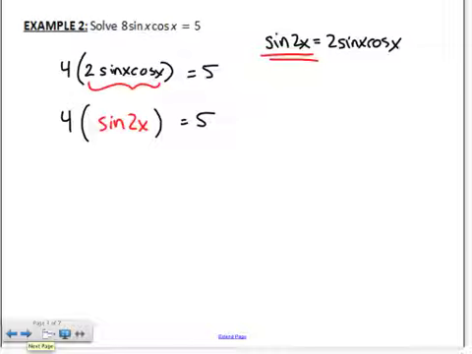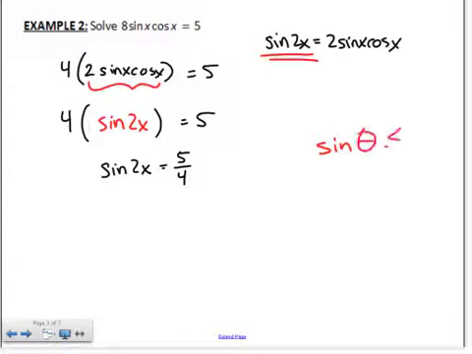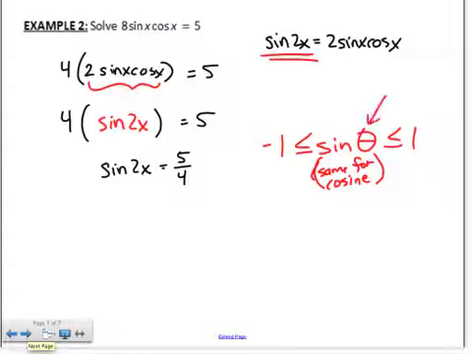So I have sine of 2x equals 5/4, which, if you know, sine has a restriction: the max is 1 and the min is -1. So we have a restriction from -1 to 1. Even though it's 2x, it doesn't matter, because this is theta, any angle, whatever that angle is. So this has no solution.